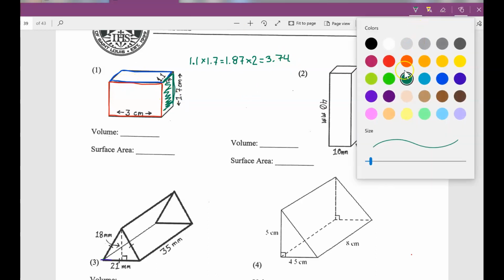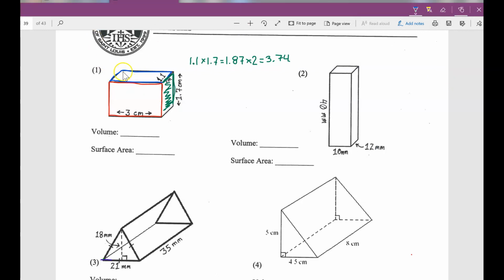Let's switch back to the top. Up top here, we've got this top rectangle, this top face, and there's an identical face on the bottom. So let's figure out how big this top rectangle is. Well, this dimension here is 1.1, and then this dimension this way is 3.